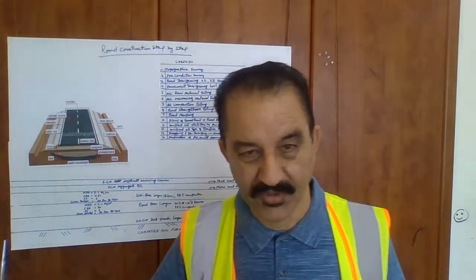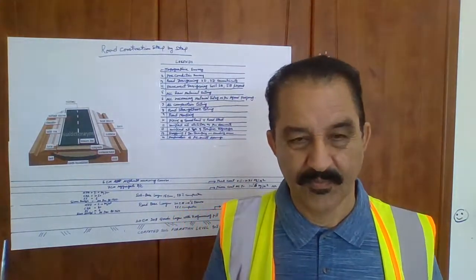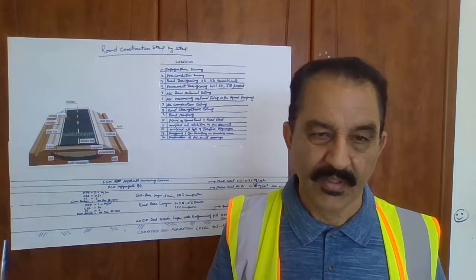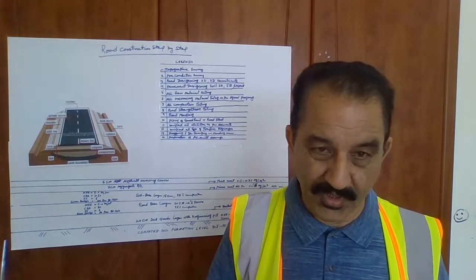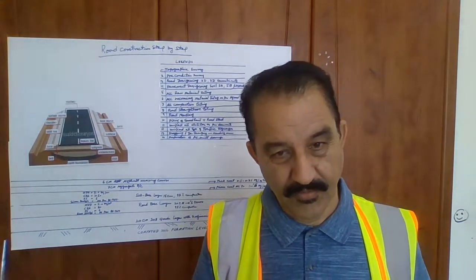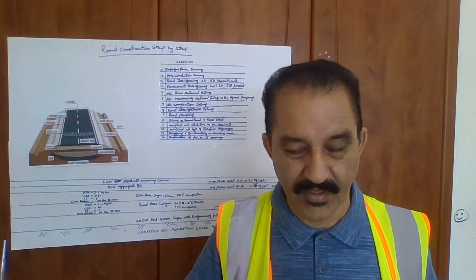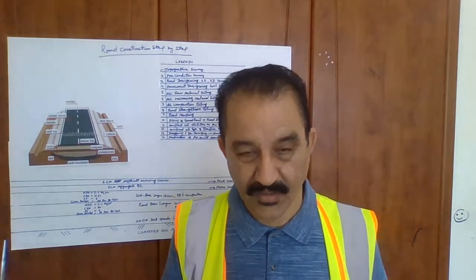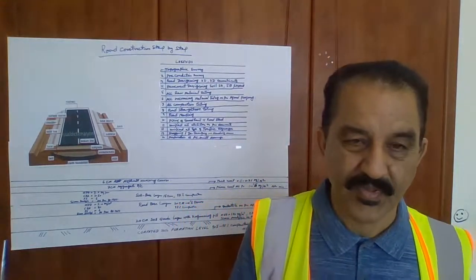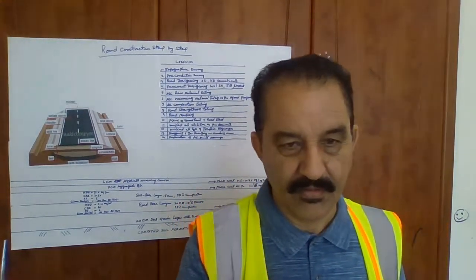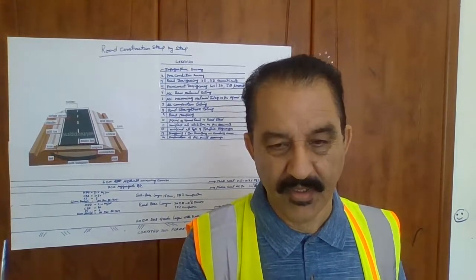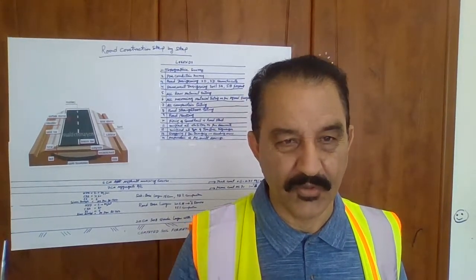So these are the procedures, from starting to the end: the fabrication and also testing, commissioning, and handover, and whatever requirements are coming. According to that, it should be completed.